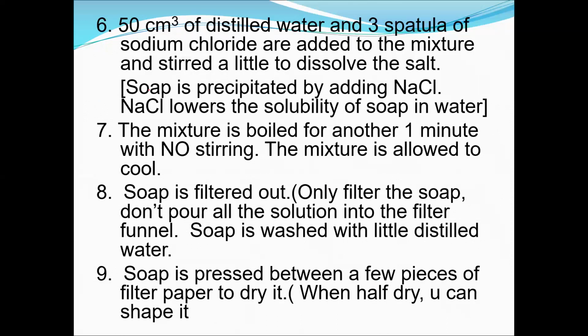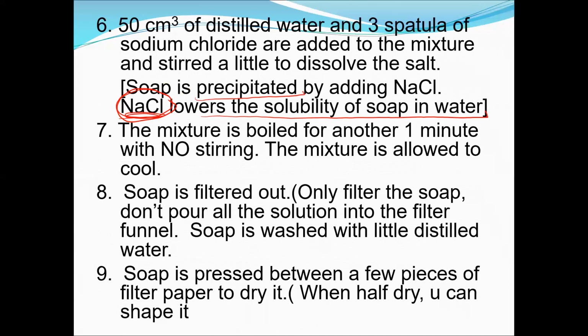But a question they like to ask in exam: why must you add sodium chloride? In this experiment, you're going to put oil. You're going to put concentrated potassium hydroxide. Teacher also adds sodium chloride. Why? This is the answer. You want to lower the solubility of soap in water, or you want to precipitate the soap.